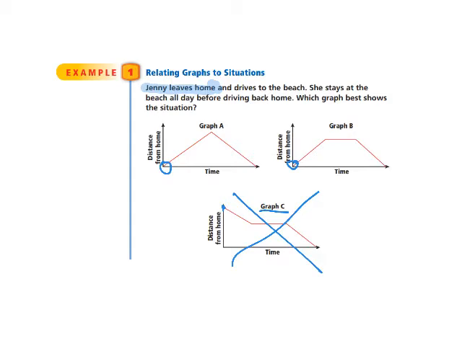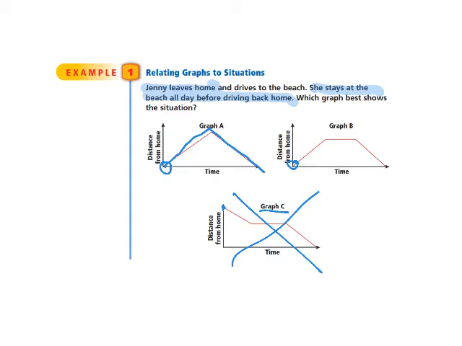The rest of the story tells us that she stayed at the beach all day and then drives back home. Well, graph A shows leaving from home and turning around and coming back home. So leaving, going at a constant rate of speed away from home, and then turning around and coming back at that constant rate of speed.